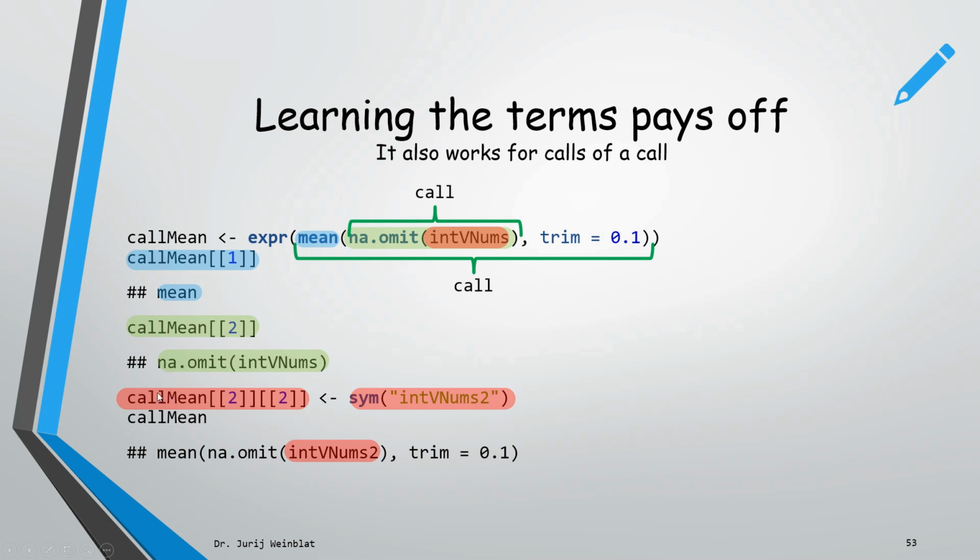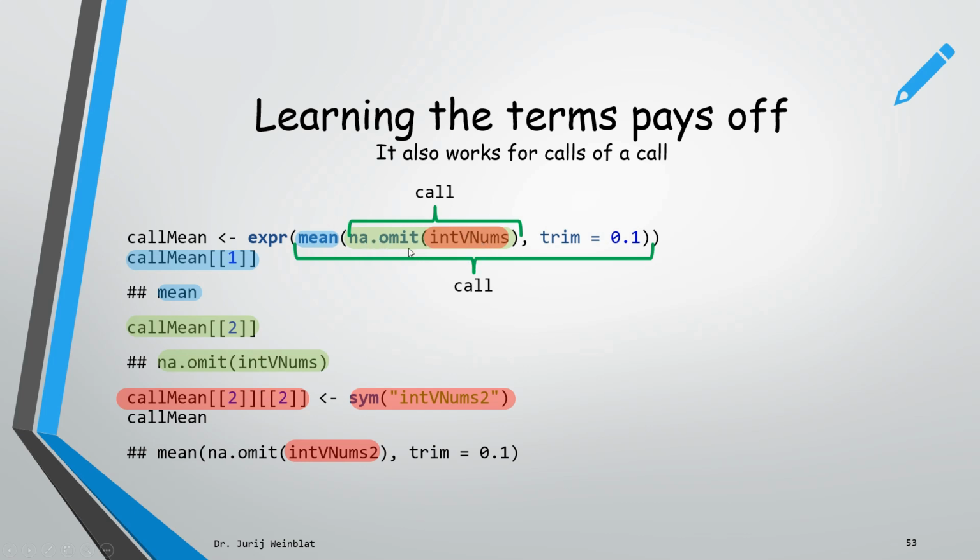Just to make it very clear, we say please start from the high level call, which is call mean, go to its second position, which is this expression here, which is another call. And because it's another call, we once again need to go to its second position in this case.